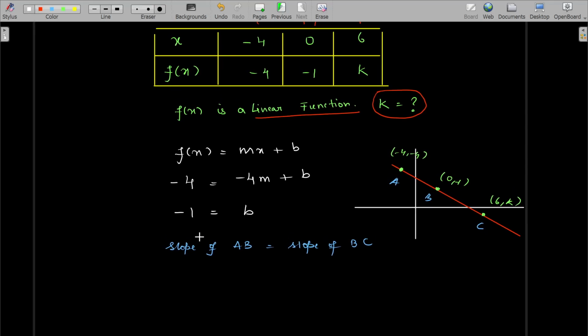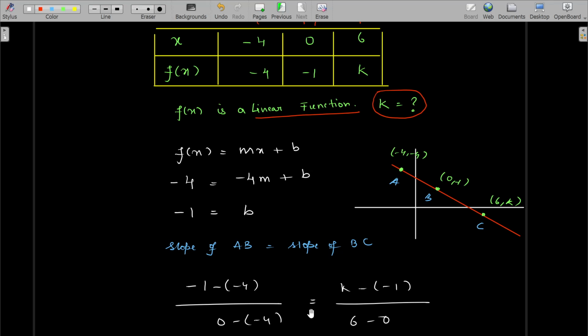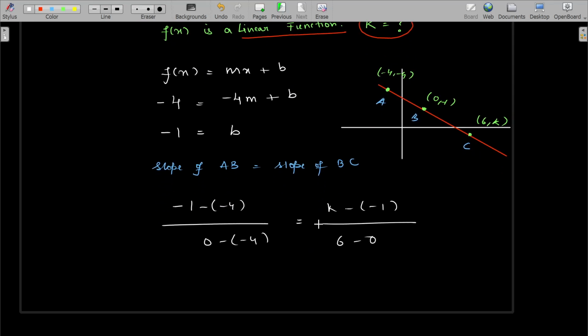So it's going to be -1 minus -4 over 0 minus -4 is equal to, take these 2 points, k minus -1 over 6 minus 0. This is another way of doing this question.